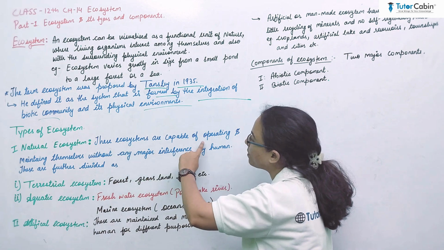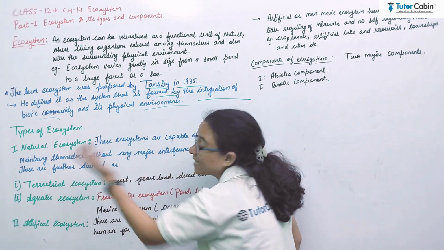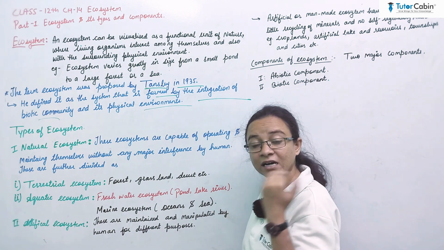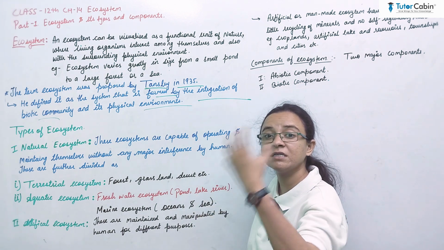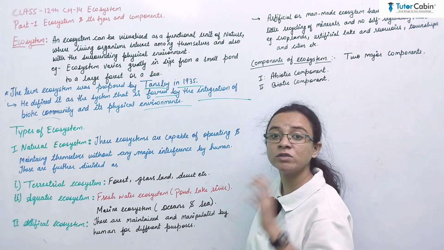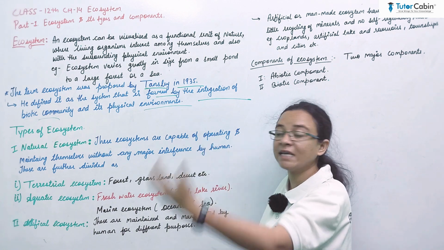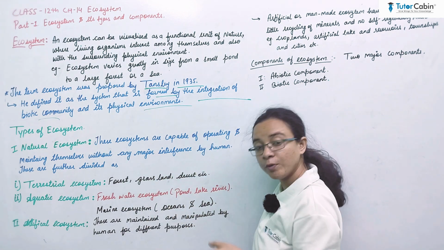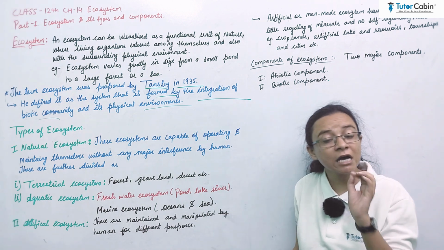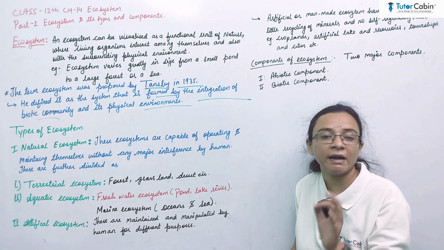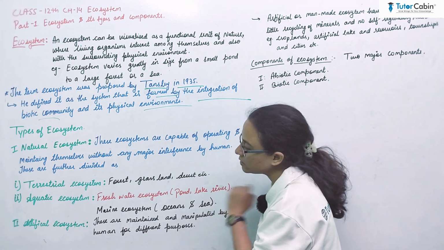These ecosystems are capable of operating and maintaining themselves. Organisms are able to maintain it, and this system is maintained by themselves. No man-made resources are used to maintain this ecosystem, and there is no major interference by humans.